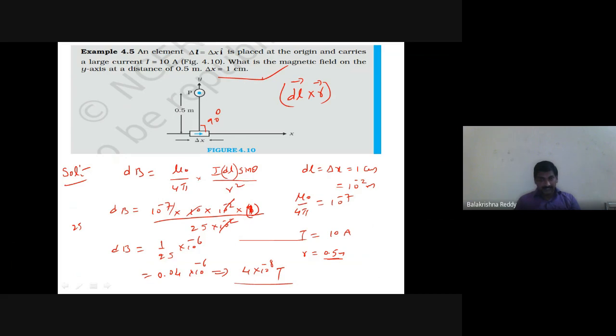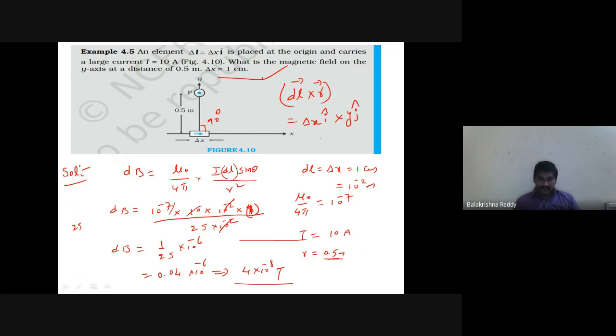Here dl gives us delta x i, and r is given along the y-axis, so we can write y into j cap.